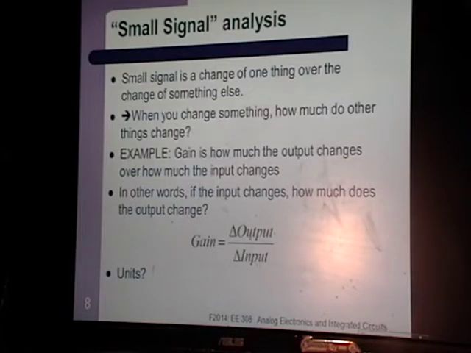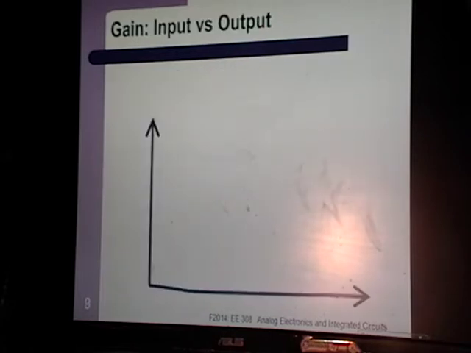If it's voltage output, voltage input, then the V's cancel out and you're unitless. If you have voltage out, current in, now you've got resistance. Current out, voltage in, now you've got transconductance, or conductance.